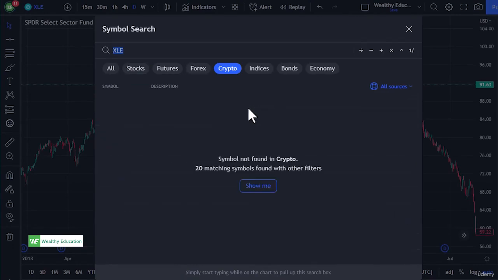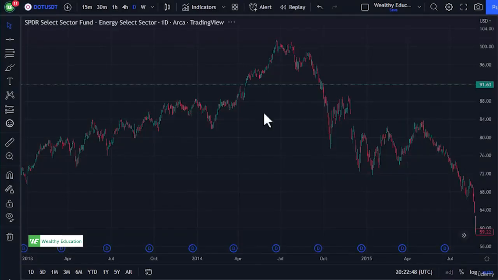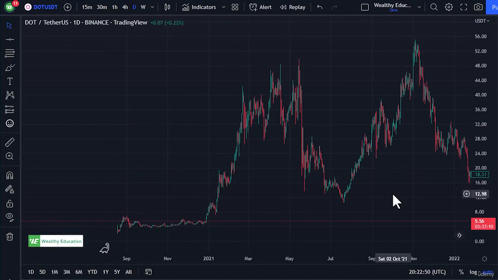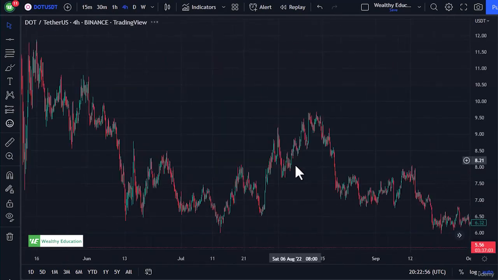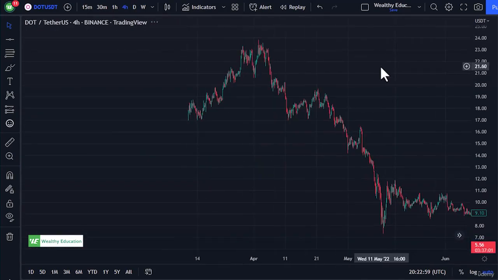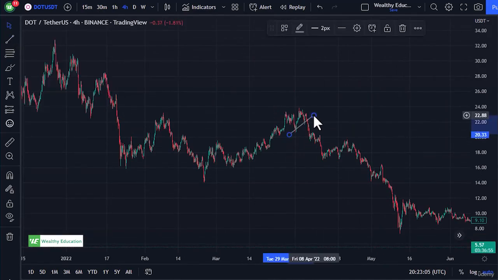And of course, crypto, not going to be any different than any other market. So let's take a look at Polkadot. And since we don't have as much history in crypto, I will go to a smaller time frame. In this case, the 4 hour chart.